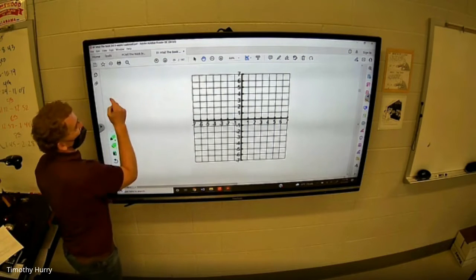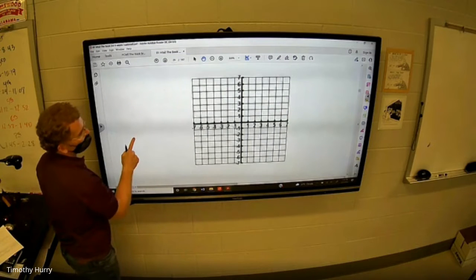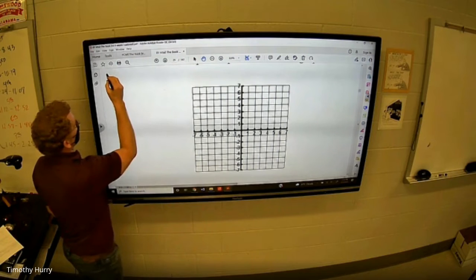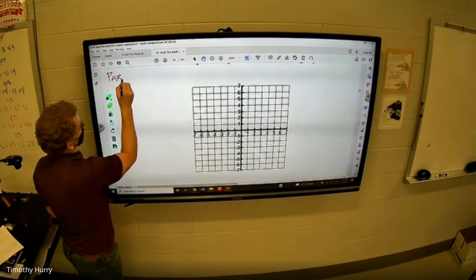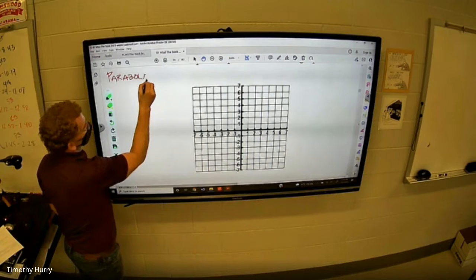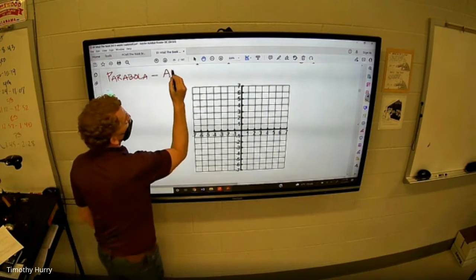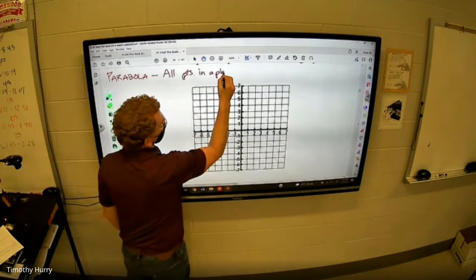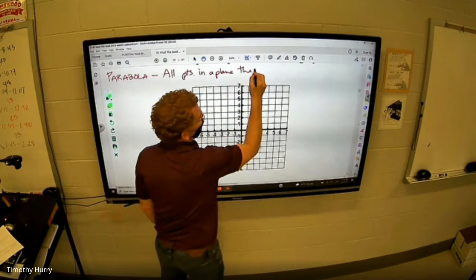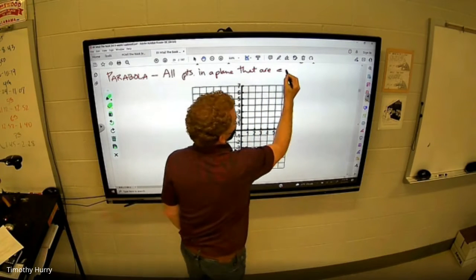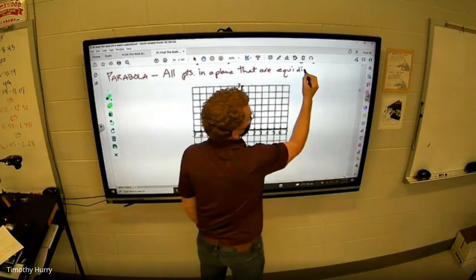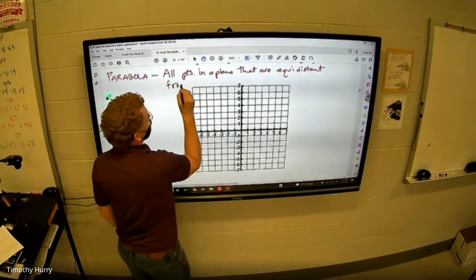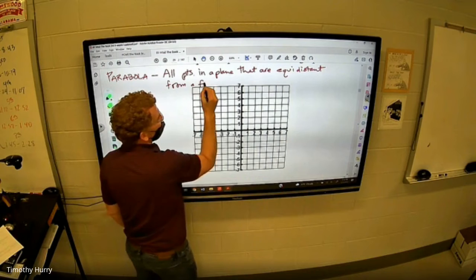So a parabola is this: all points in a plane that are equidistant from a fixed point.